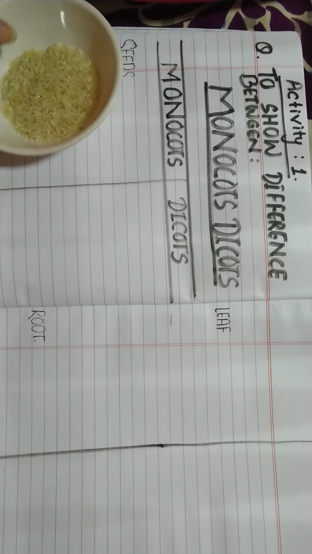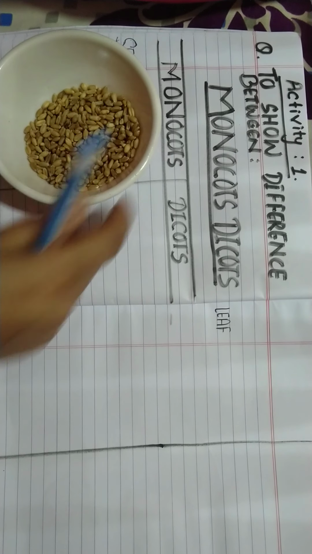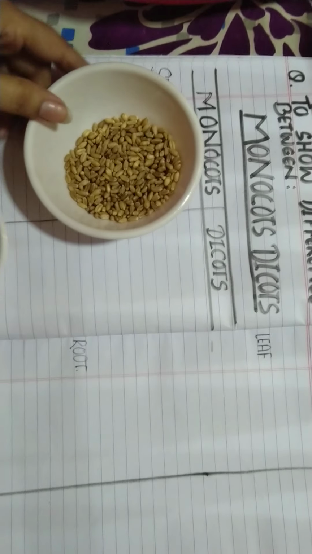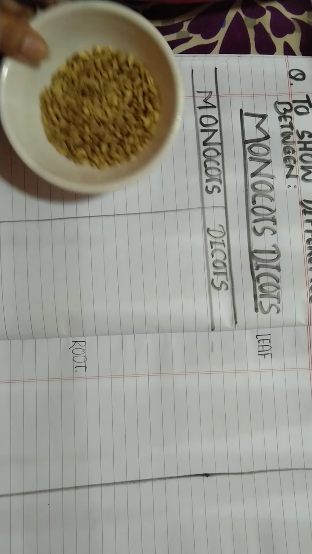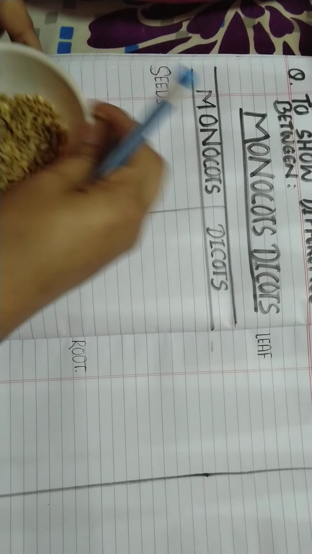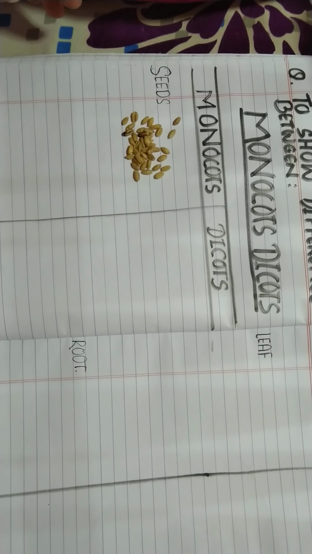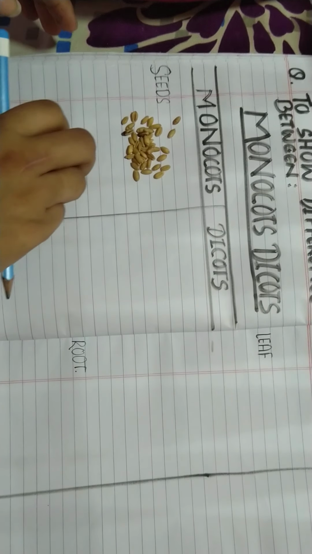First of all, the monocot seeds you can keep there, like rice. I have taken rice, and then wheat. In this method you can just keep there some seeds of wheat and then some seeds of rice, and then write there.